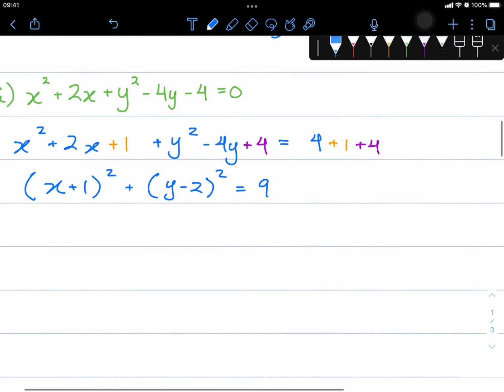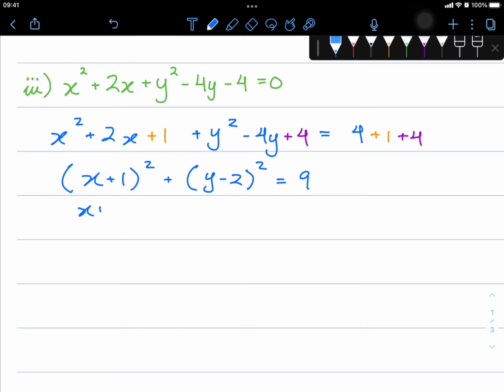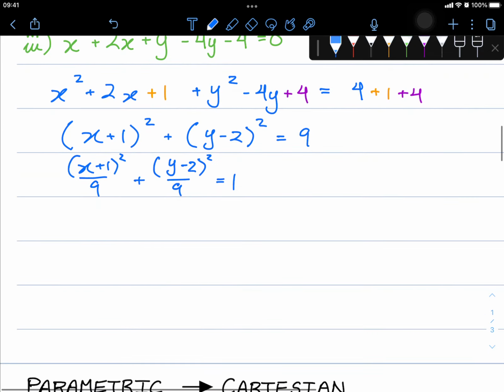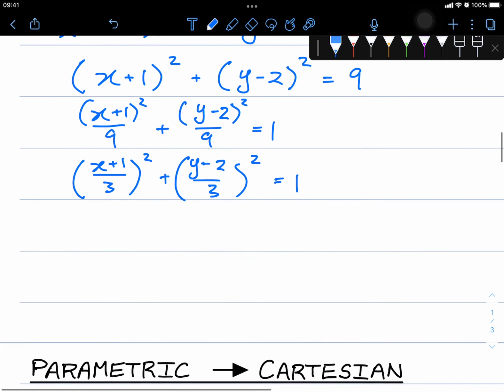And now going through the entire process again. (x plus 1) squared on 9 plus (y minus 2) squared on 9 equals 1. Making it into all squared form like this, (x plus 1 on 3) squared plus (y minus 2 on 3) squared equals 1.